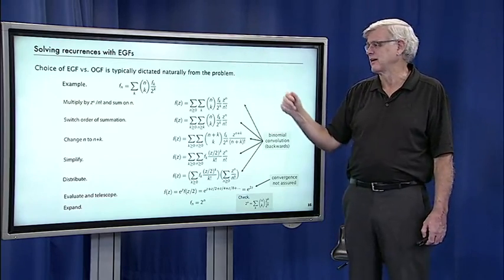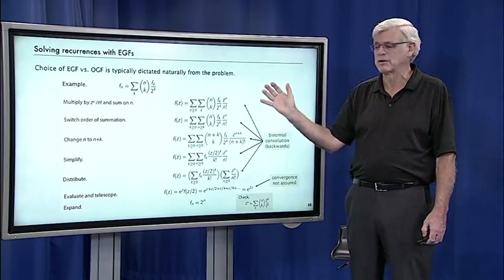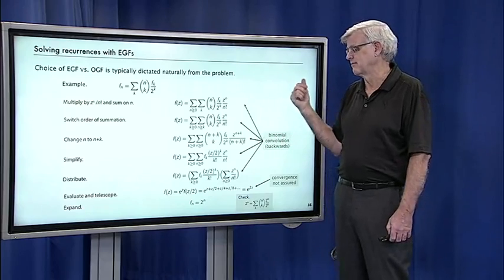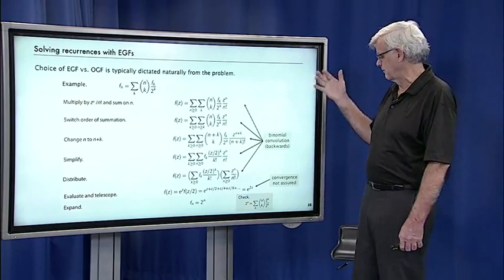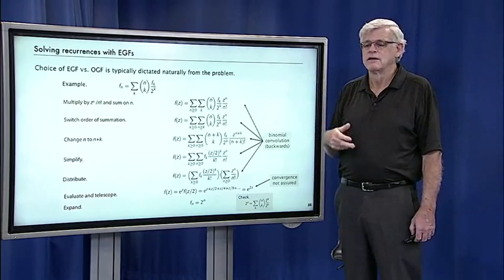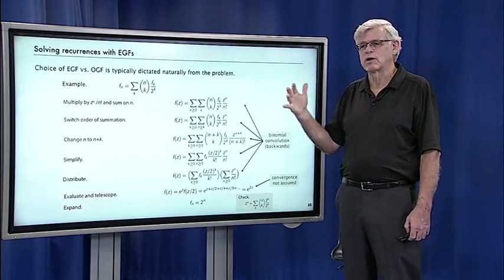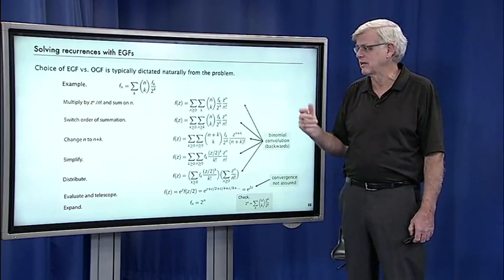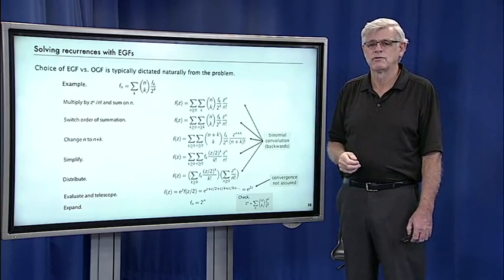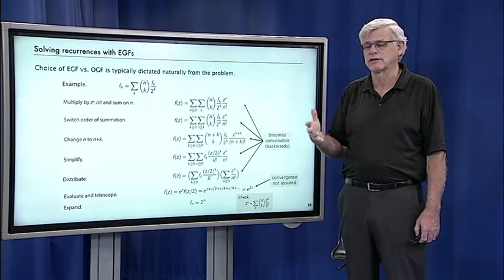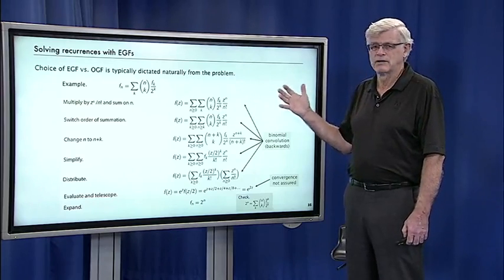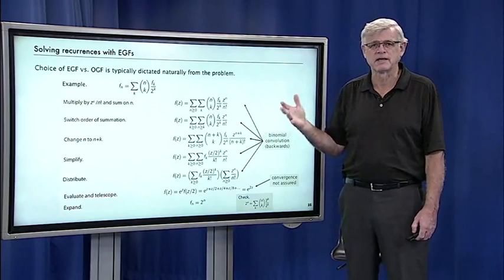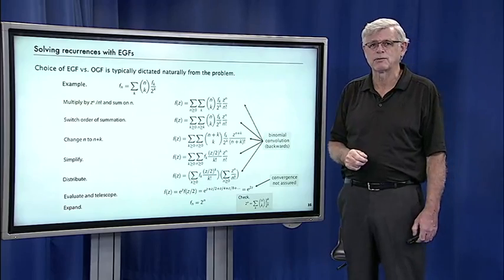Maybe it's n minus 1 choose k, or maybe there's an extra term of some kind. The same process works to actually tell us the facts that we need to know about the algorithms that we're studying. We'll see in much more context the important role that exponential generating functions take when we look into analytic combinatorics in a couple of lectures. But even in the context of just solving recurrences, they can be important, as this example illustrates.